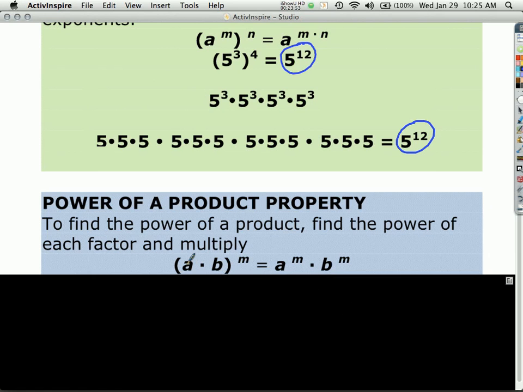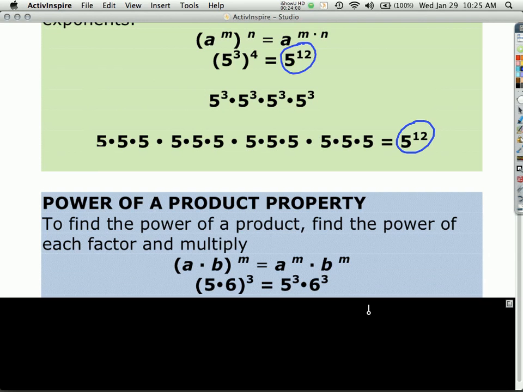So this factor, A, will be brought to the m power. B will get brought to the m power. This is only with multiplication, not with addition and subtraction. Here's a practical example. 5 times 6 to the third power will be the same as 5 to the third power times 6 to the third power.